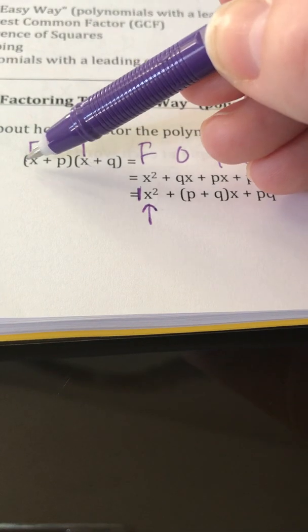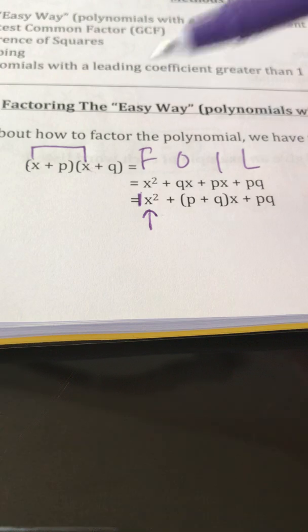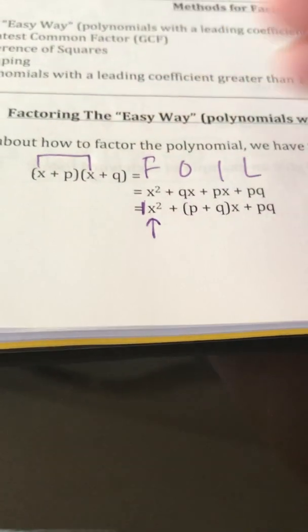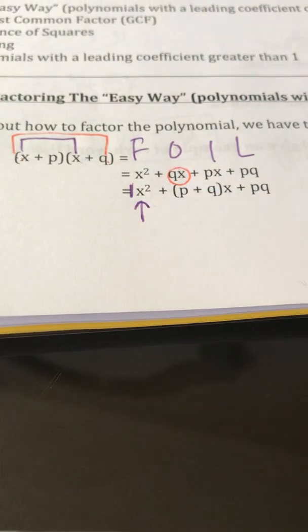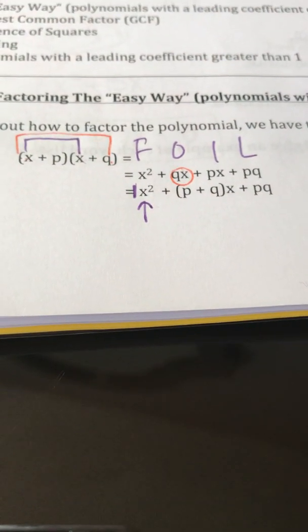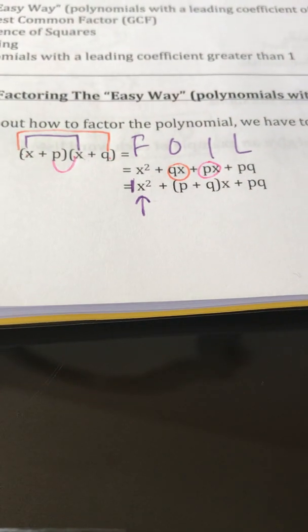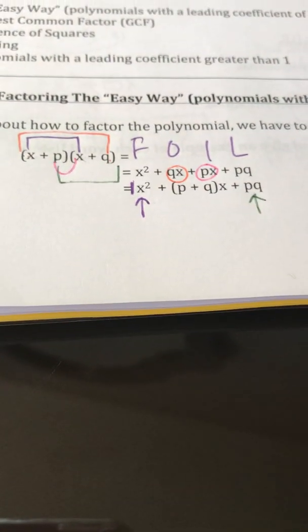So if we have a leading coefficient of 1, we know that our first terms in both of these binomials are x, or whatever variable we're working with, okay? When we multiply the outside, x times q is right here. Then we look at the inside, px is there, and then we look at the last, pq, which is here, okay?